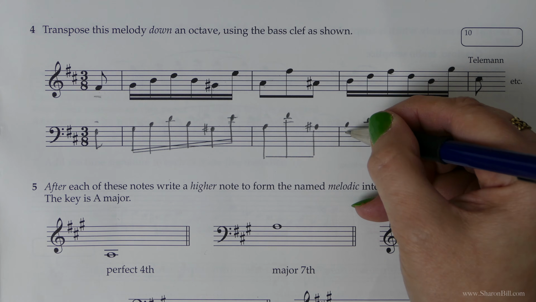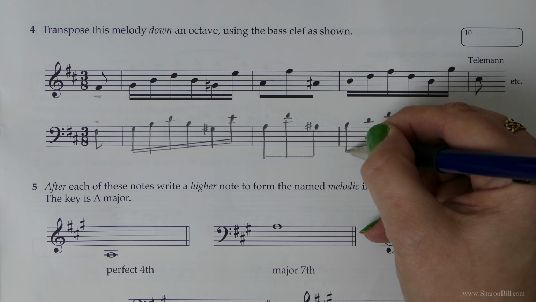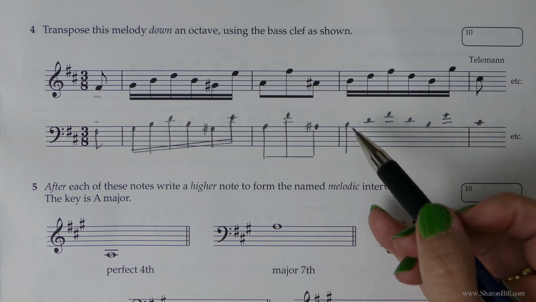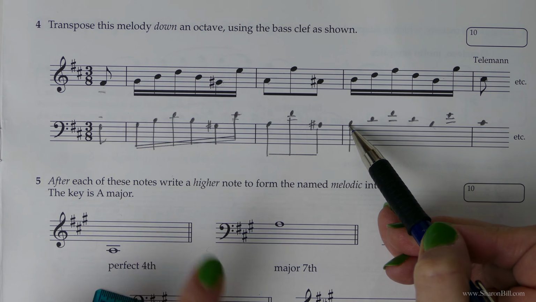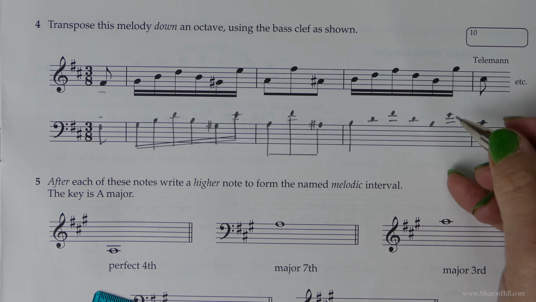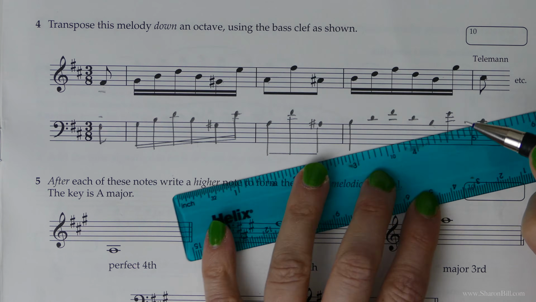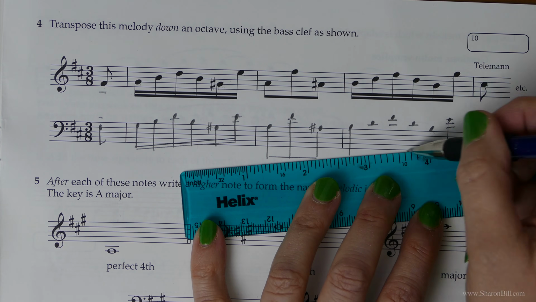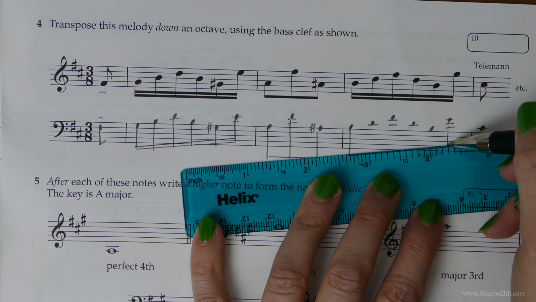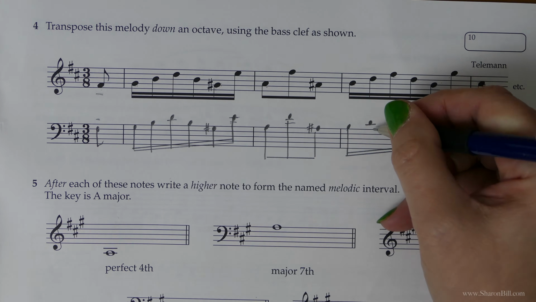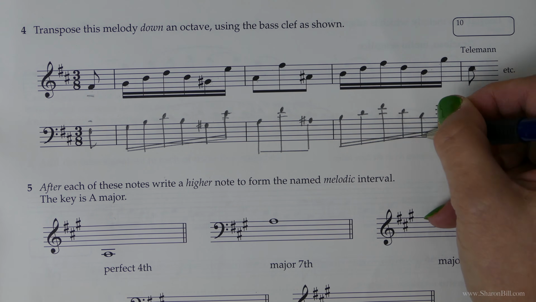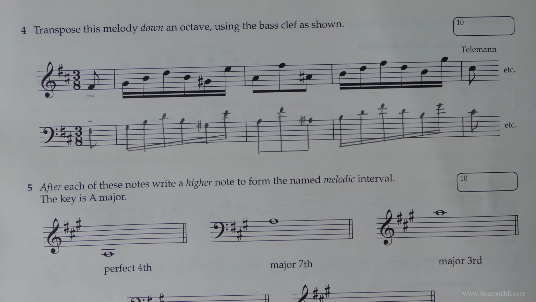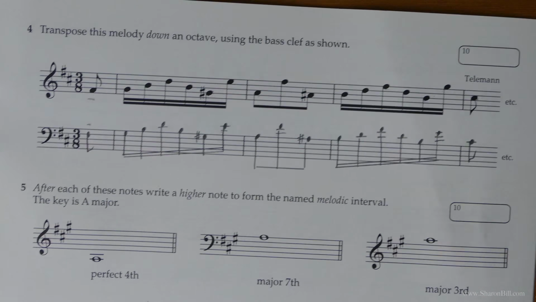All of these can be beamed. We can double check that these are the same. That's correct. There we go. Just double check it as you go along. It does get tricky if you forget which clef you're in, as I've just so expertly demonstrated there. And there we go. That's that question complete.